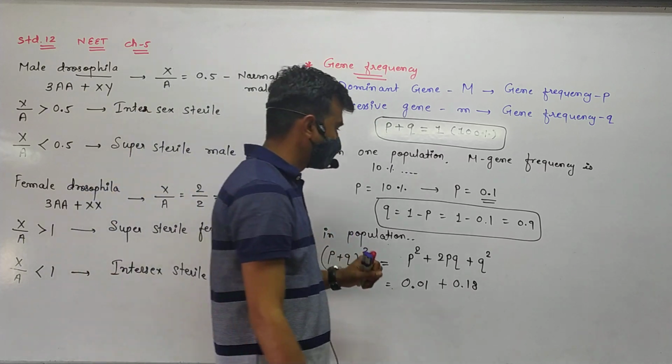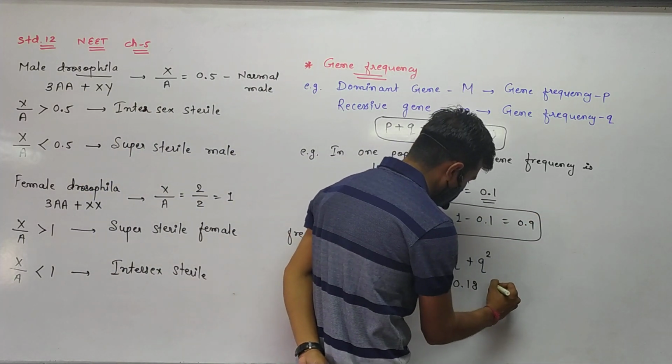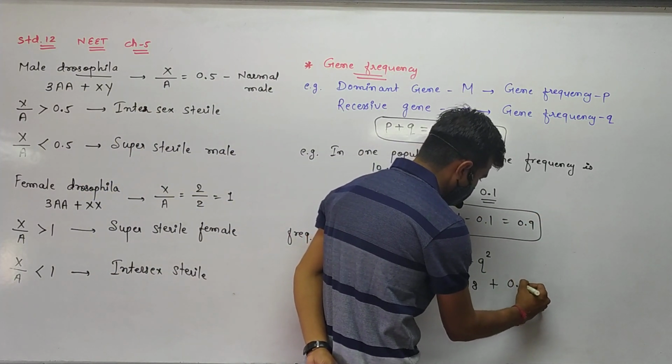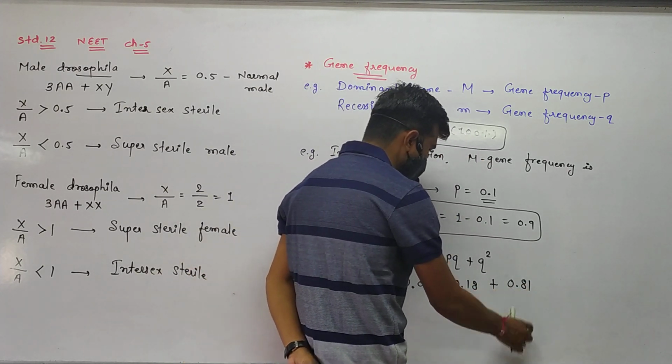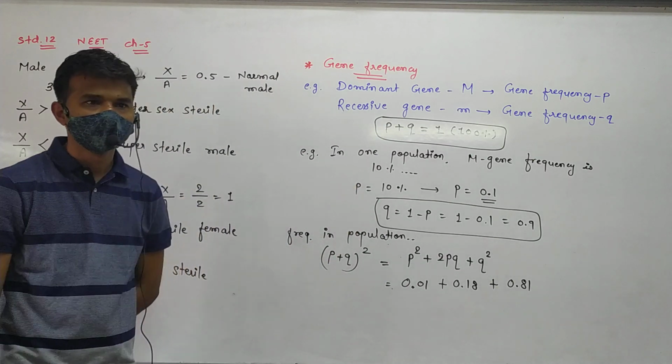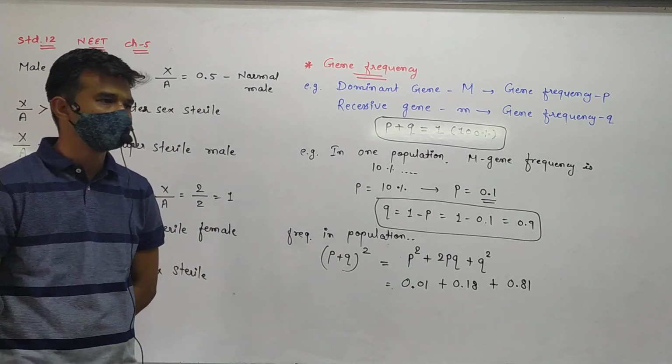And last, Q square, 0.9 square, is 0.81. So you make a total here, it becomes 1. Convert this into percentage.